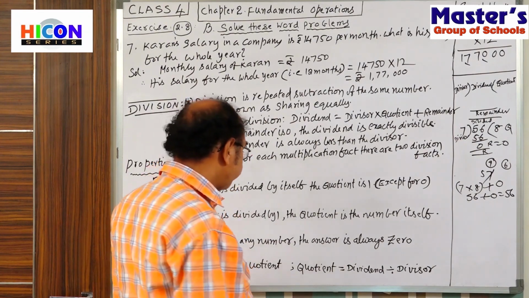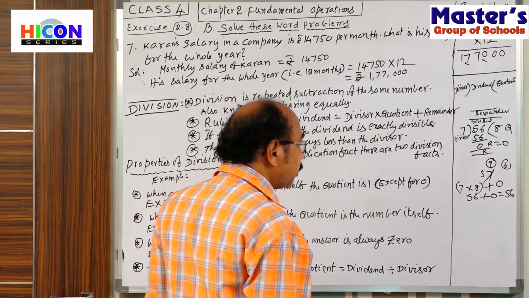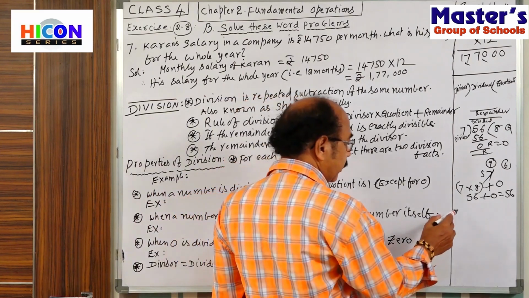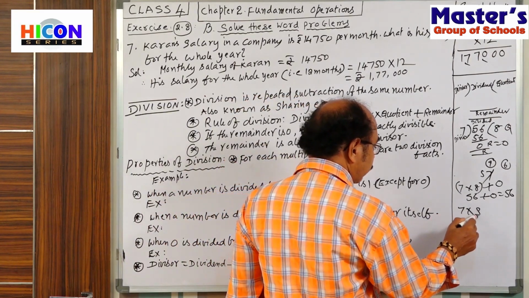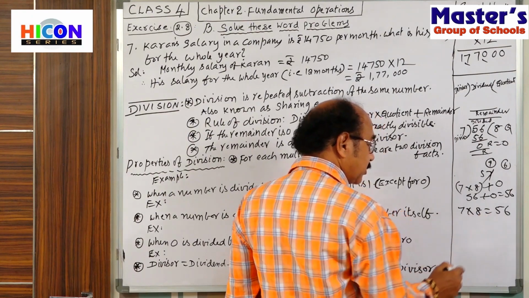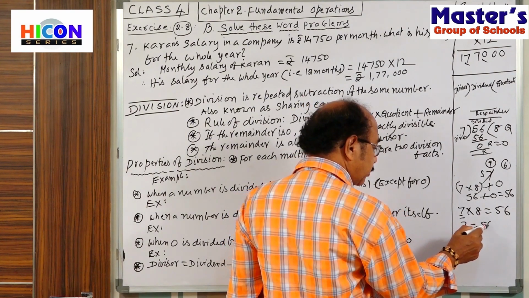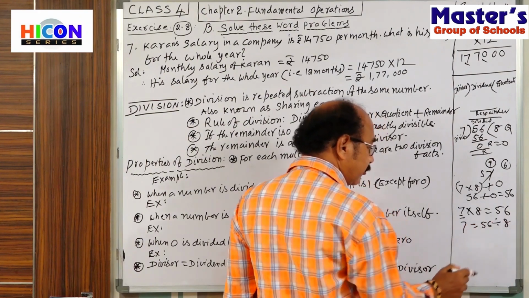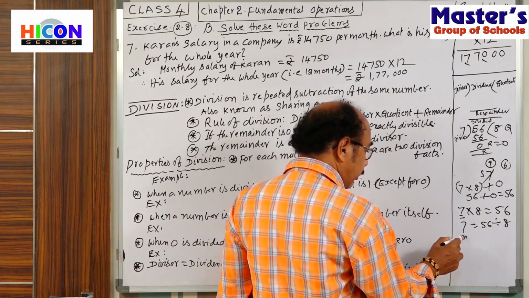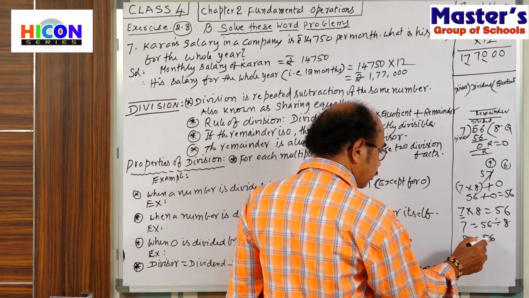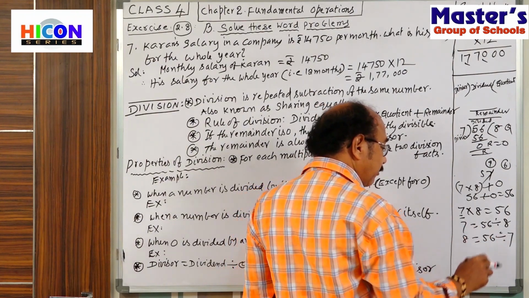Okay, children. And you see, 7 into 8 is equal to 56. If you want to get 7, 56 is divided by 8. And if you want to get 8, 56 is to be divided by 7.